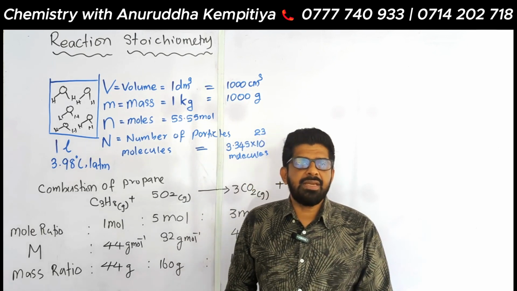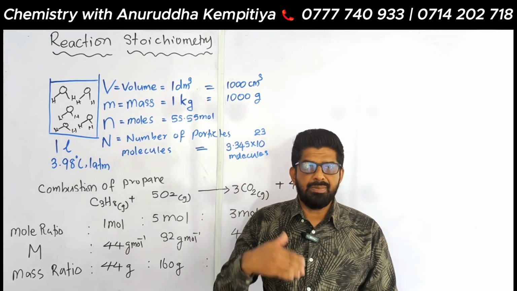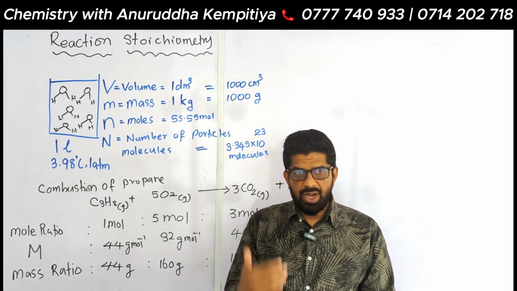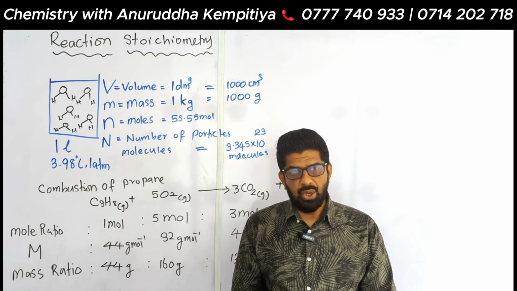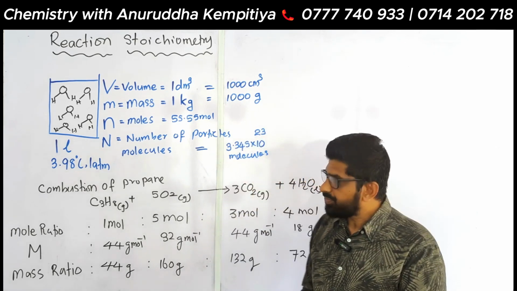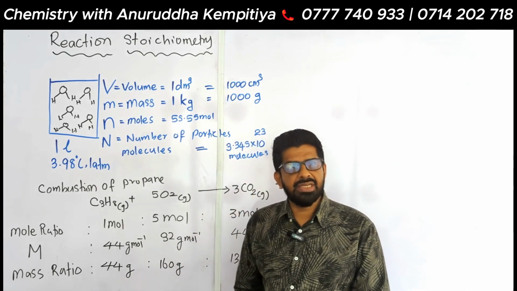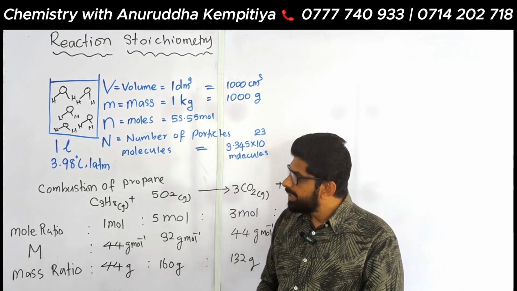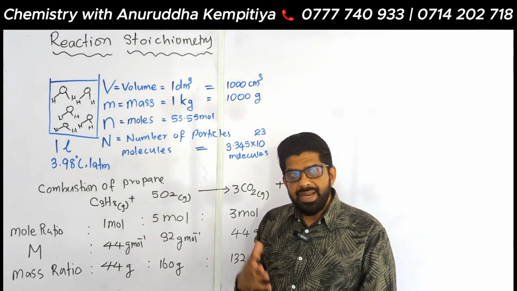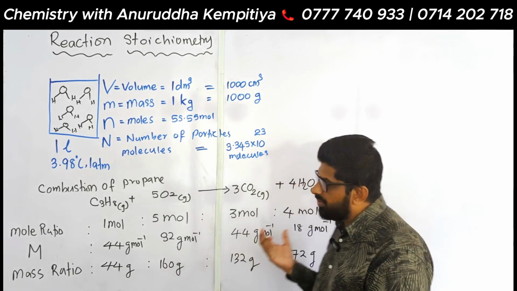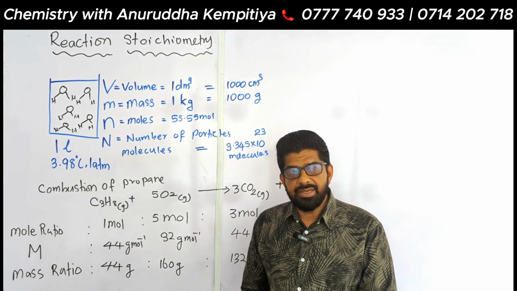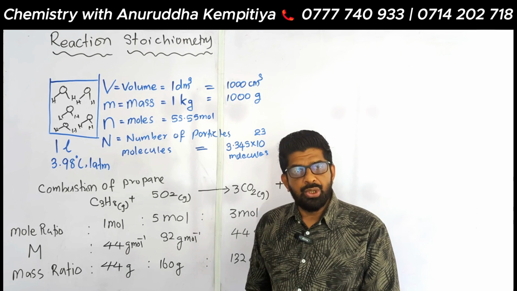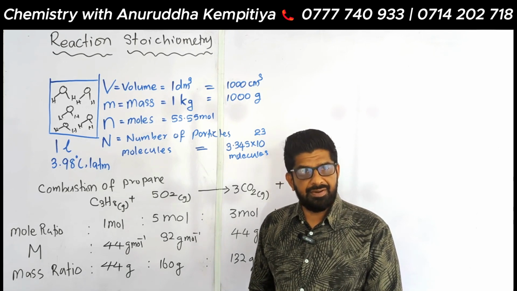Why must a balanced chemical equation be written, or why must the equation be balanced? This is the reason. When a chemical reaction takes place, the number of atoms on the reactant side is exactly equal to the number of atoms on the product side. Atoms are neither destroyed nor created during a chemical reaction.